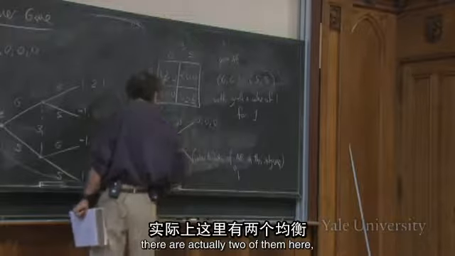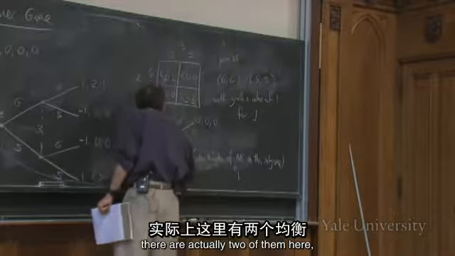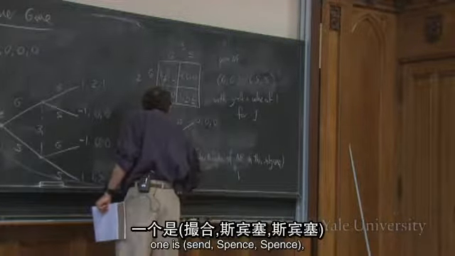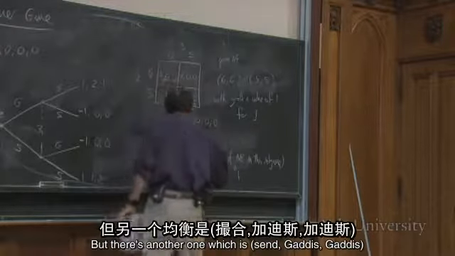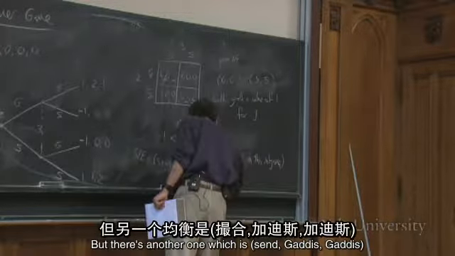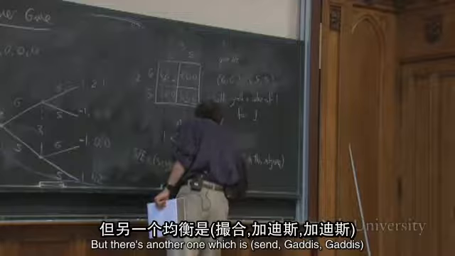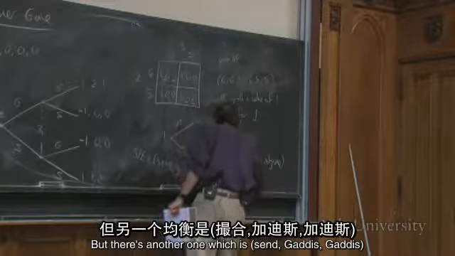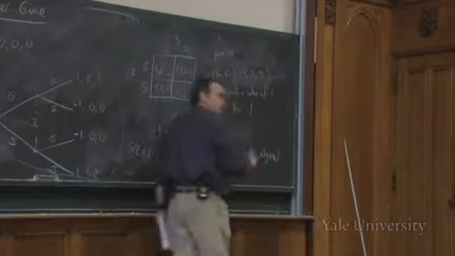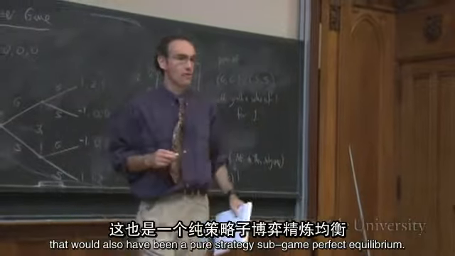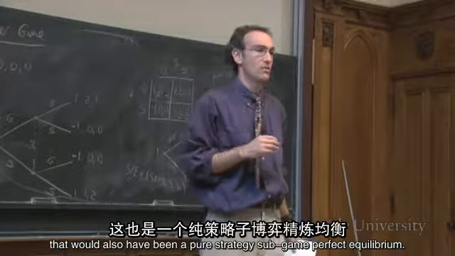So the subgame perfect equilibrium, therefore, there are actually two of them here. One is send Spence Spence. That's what actually happened. But there's another one which is send Gaddis Gaddis. Right, that would also have been a pure strategy subgame perfect equilibrium.